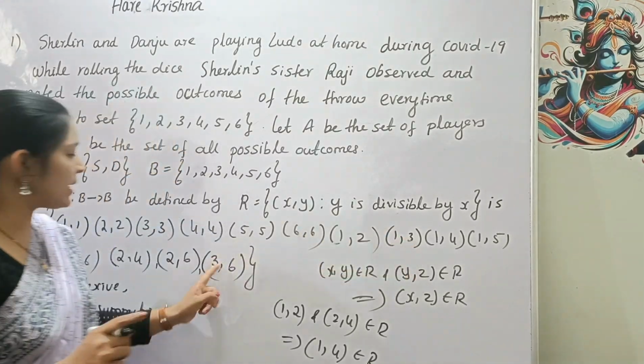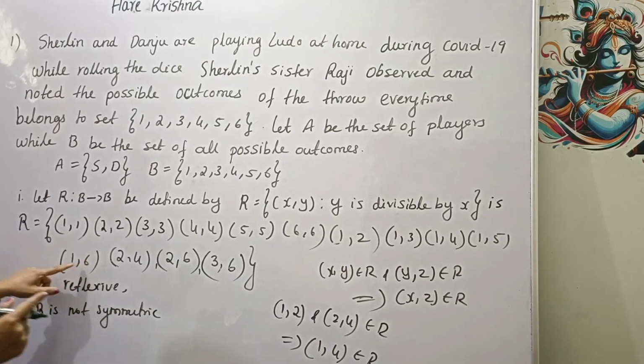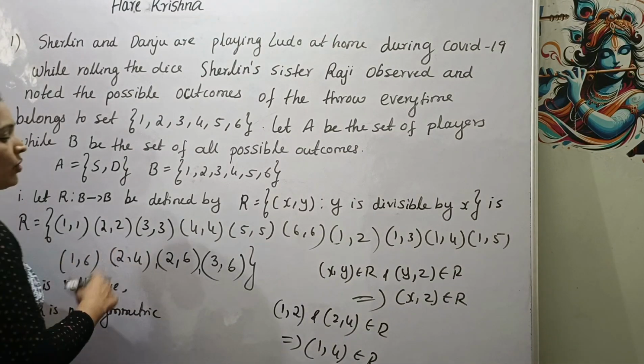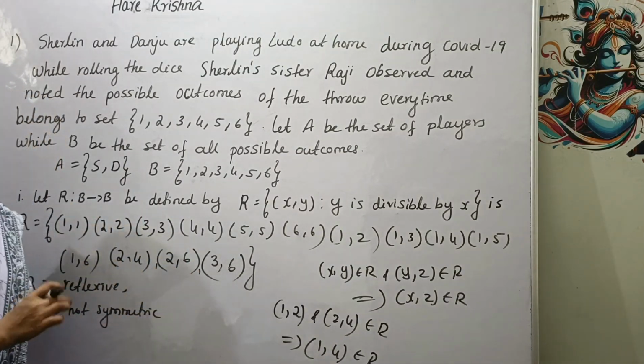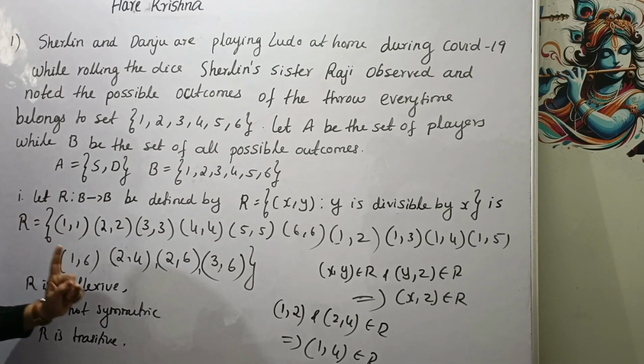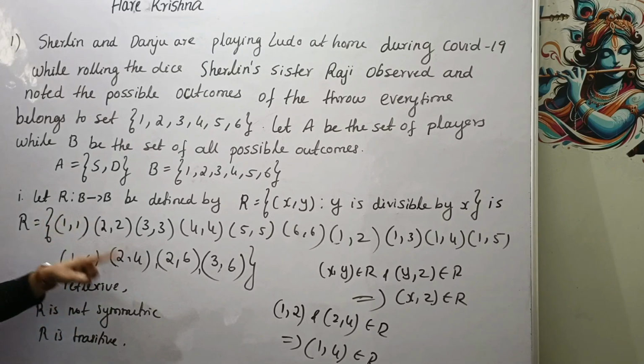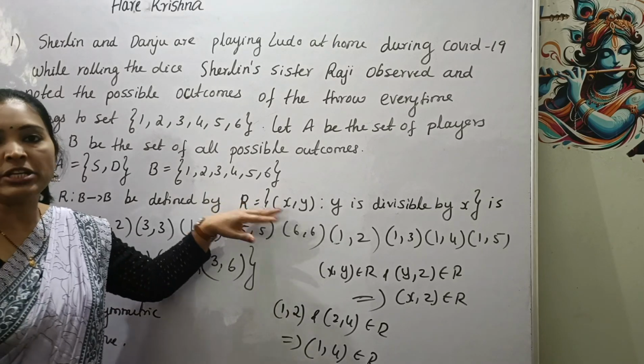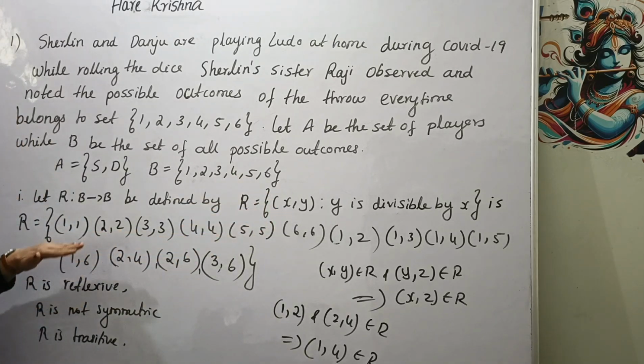See, (1,3), (3,6), and (1,6) belongs to R. Therefore, this R is transitive. Therefore, the answer is: the given relation R is reflexive and transitive but not symmetric.